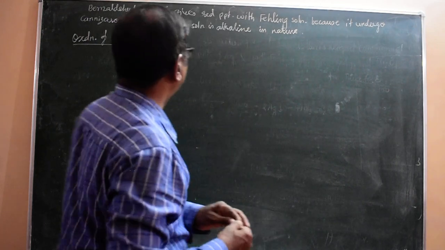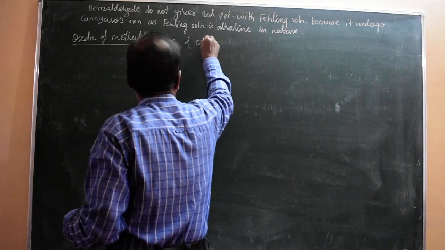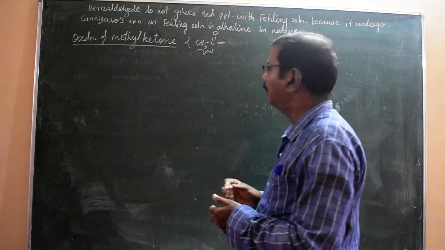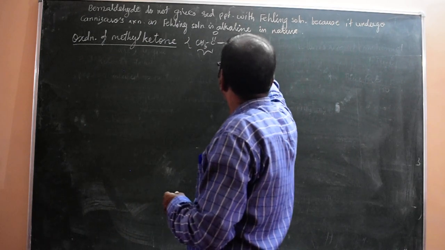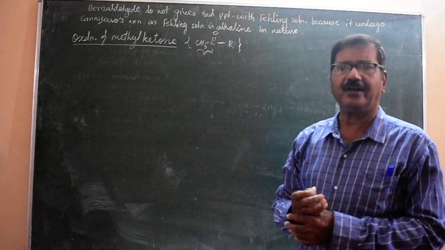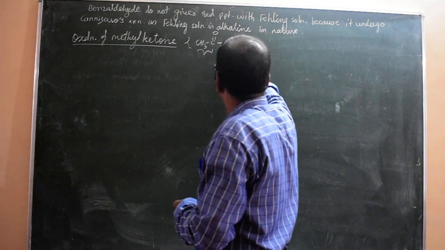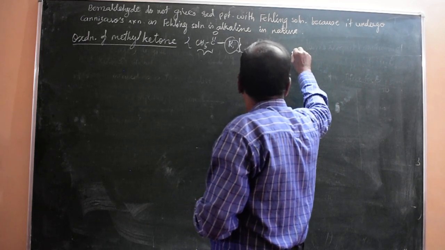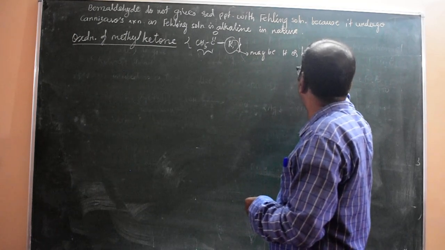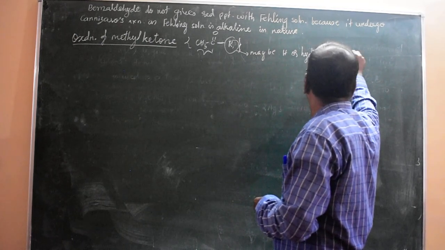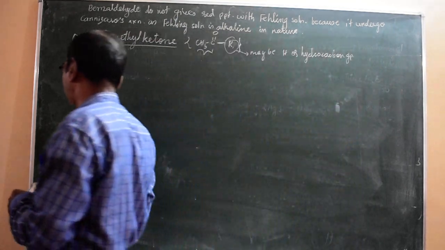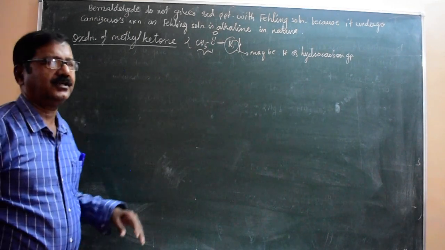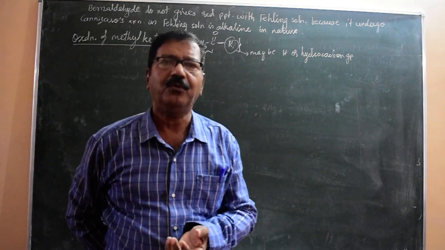Oxidation of methyl ketone: I am writing that as CH3-C double bond O. This group is called methyl ketone, and the other may be R. So R may be H or R may be a hydrocarbon group.